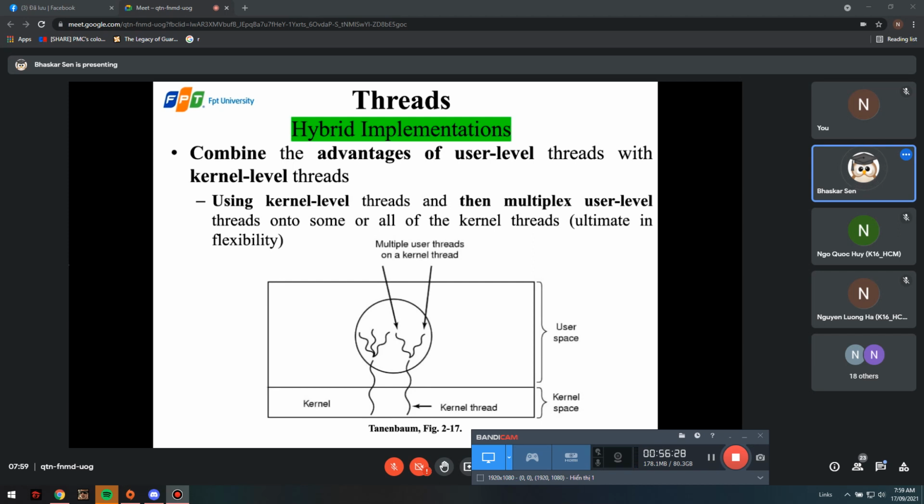And that we do by using a special thread which is called kernel thread. Remember this word because you will get some questions. Kernel thread, upcall, pop-up thread. So the job of the kernel thread is to keep the kernel informed about what's going on related to thread level performance inside the process.